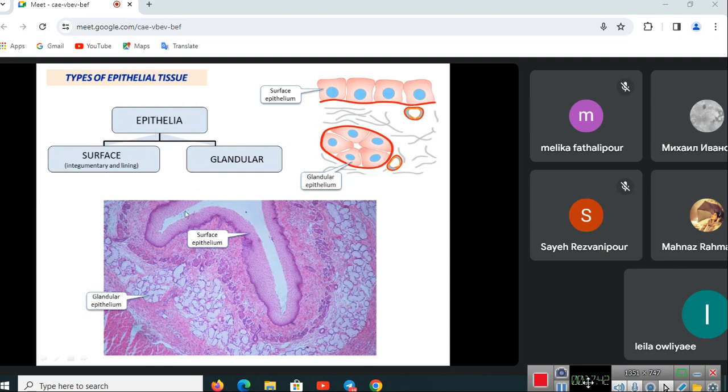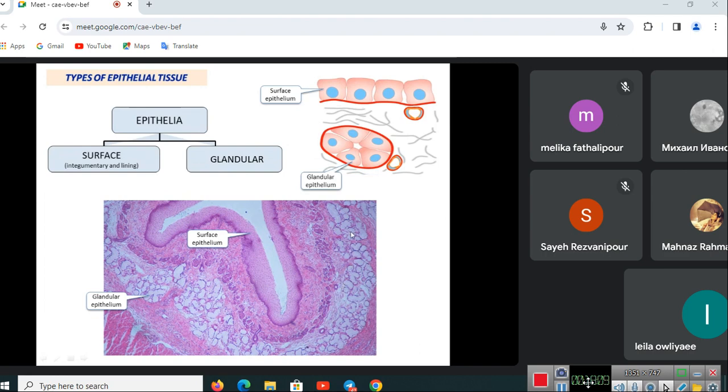Lumen means the internal cavity of the hollow organ. The food will be here. And this is the wall of esophagus. And the cavity, which is called lumen, is lined with surface epithelium, which is here. This is surface epithelium. And inside the wall we can find the glandular epithelium.